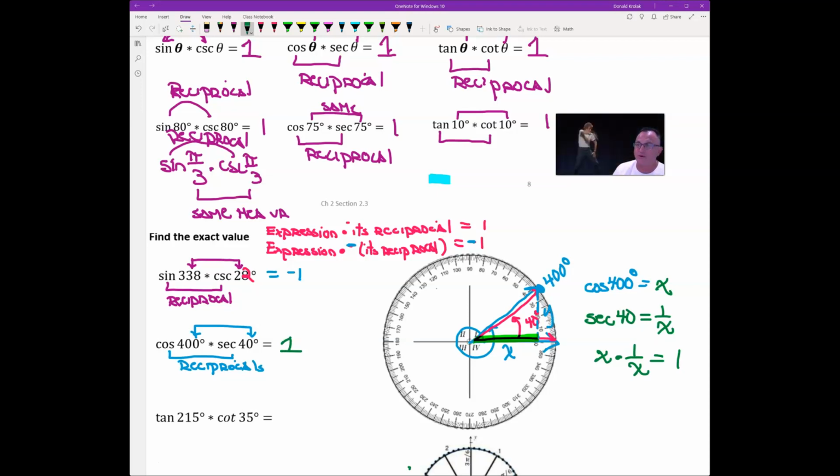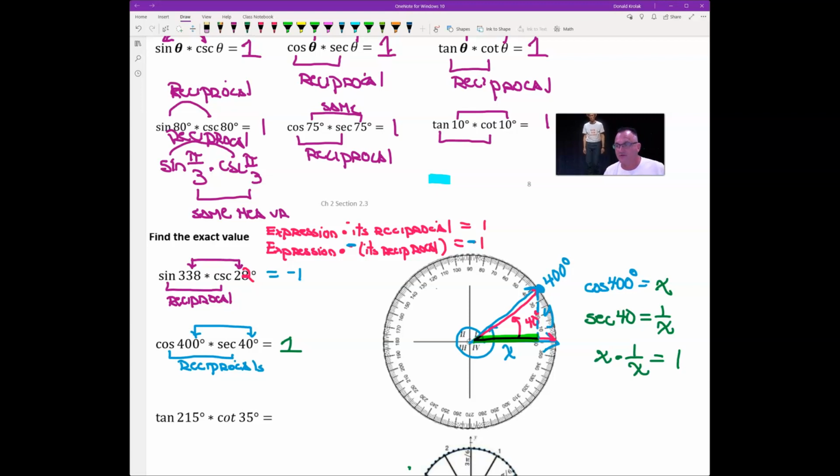So here they were the same, because these angles were really coterminal. These end at the same place. So we can think of them as essentially the same angle, because this angle here would have the same x-coordinate whether it was 400 or whether it was 40.